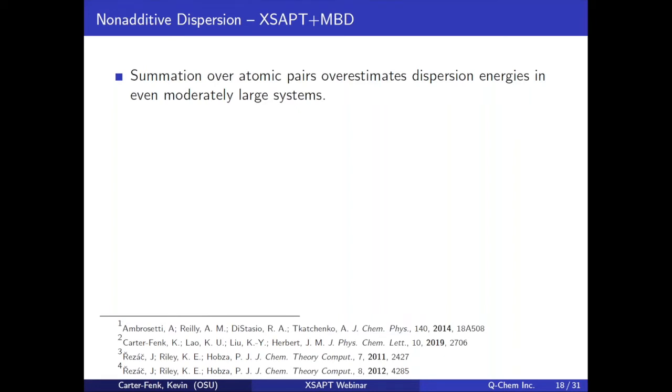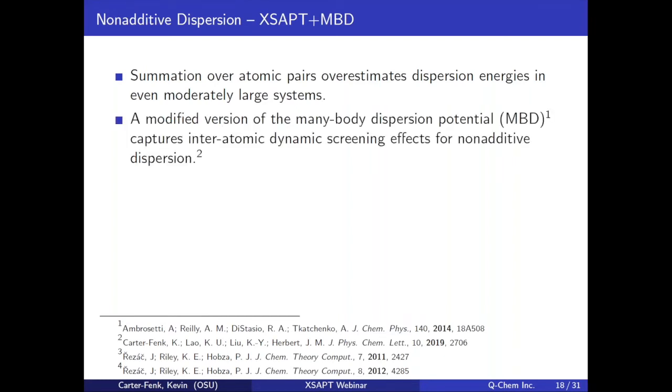Again, these empirical dispersion corrections are normally taken to be sums over atomic pairs, and this tends to overestimate dispersion energies in large systems, and in very large systems, this overestimation is dramatic.